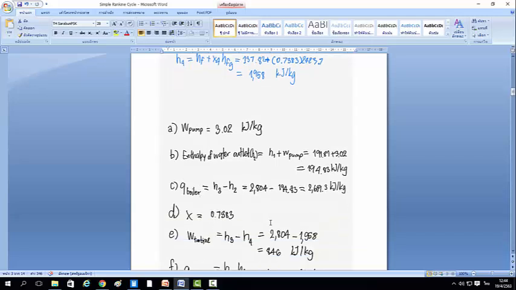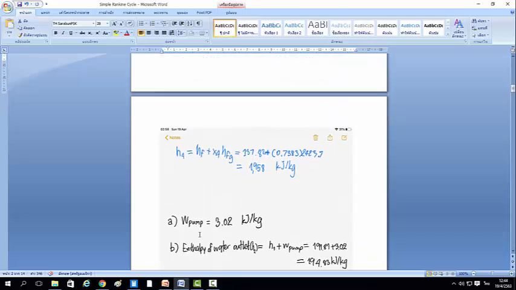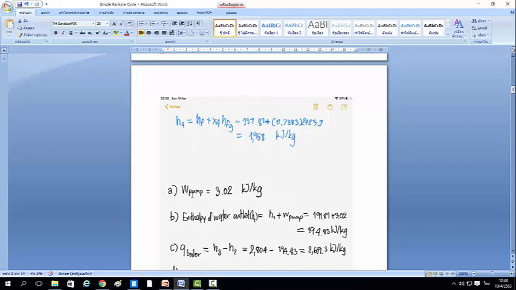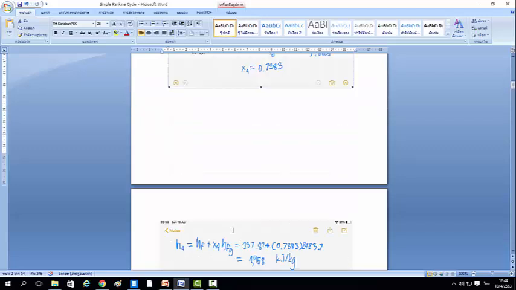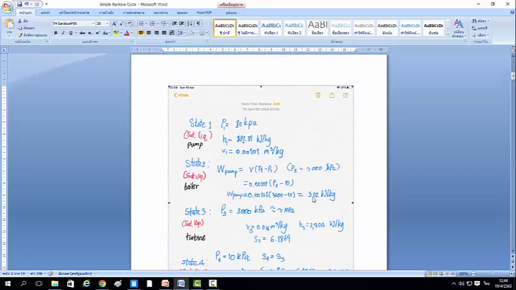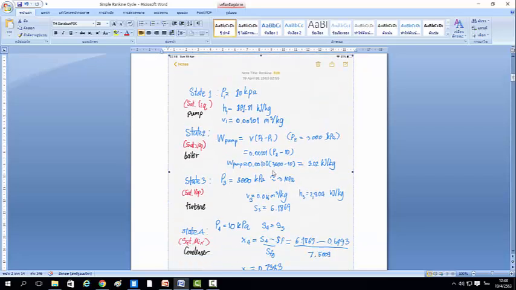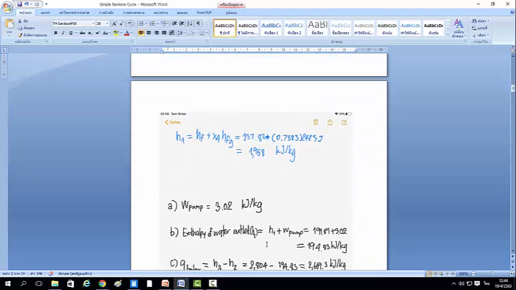So let's begin our assignment. A is the work pump. We already got it, we calculated it already on this slide. And entropy of water outlet. This formula is for the work pump: work pump equals H2 minus H1.